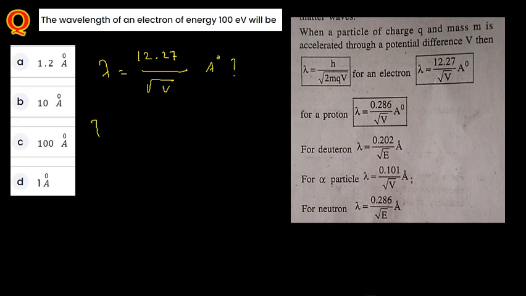Or how did this formula come? See, for that, from the previous one we can see that this formula is derived from this equation, that is h divided by square root of 2mqV.